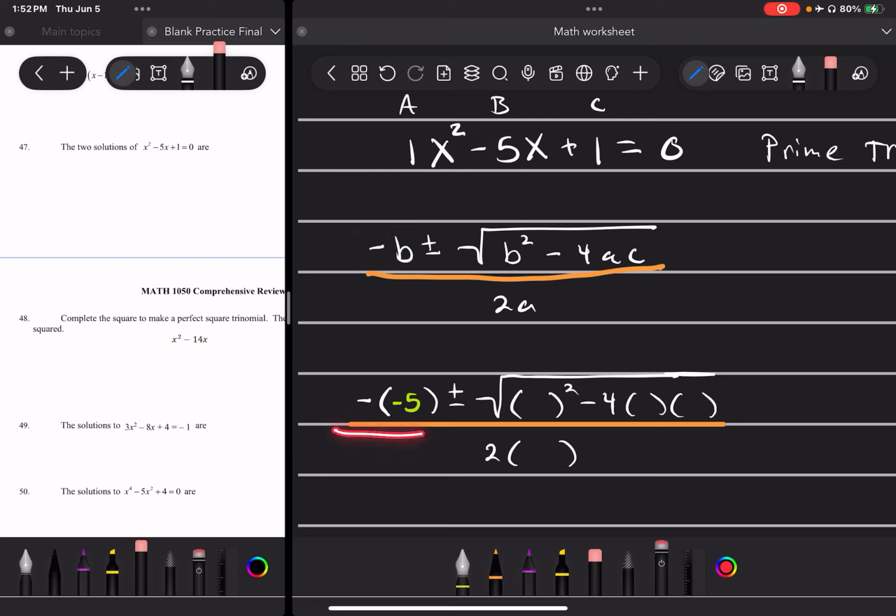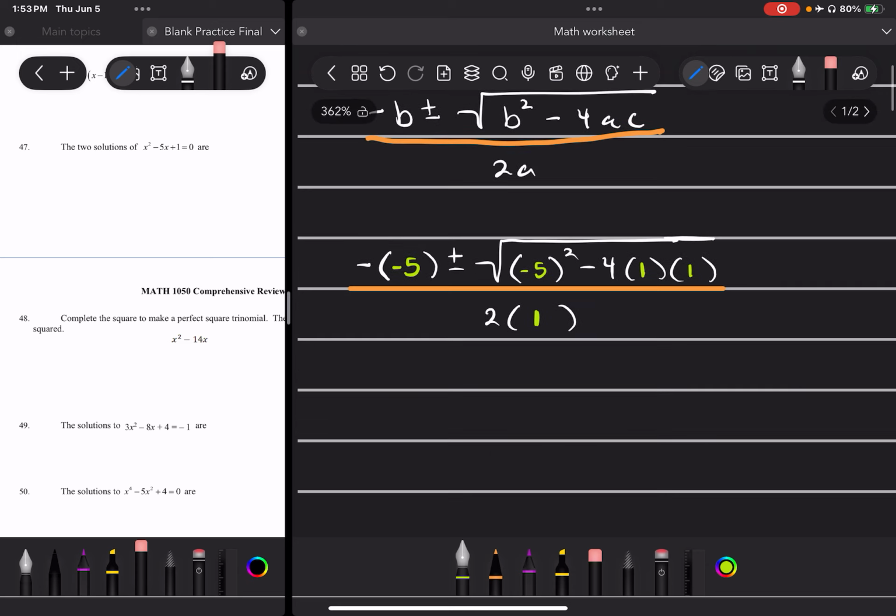So we want to make sure we do this. It is a very common error, and if you're in a rush, it's very simple to make. So we're going to put our 5 and our 5 there. We have A next, so 1 and 1. And our C is also 1, so we pop that right there.